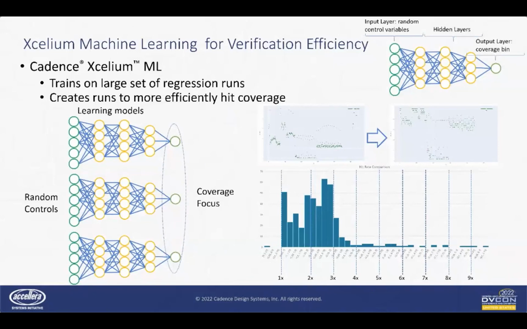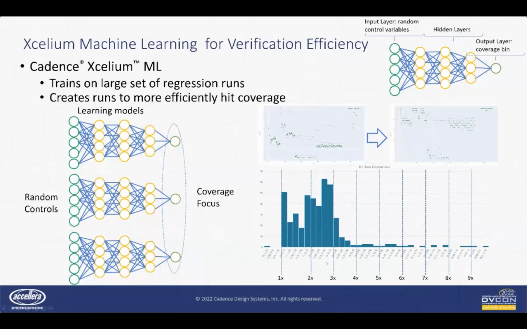Maybe the hit rate goes up 5% or 10% because they were already hit, say, near 100% of runs. And you'll have other bins way out here, these outlier bins that get magnified by 10x because they were sitting down here at the bottom. And now, instead of only being hit by 1 out of 1,000 runs, they get hit by 10 out of 1,000 runs or some such thing.